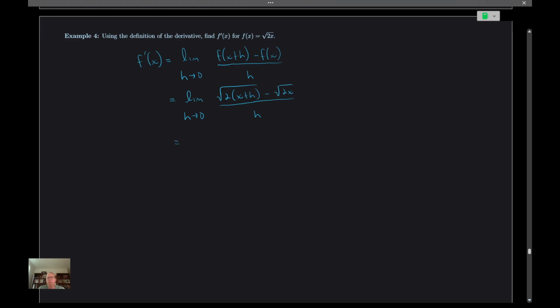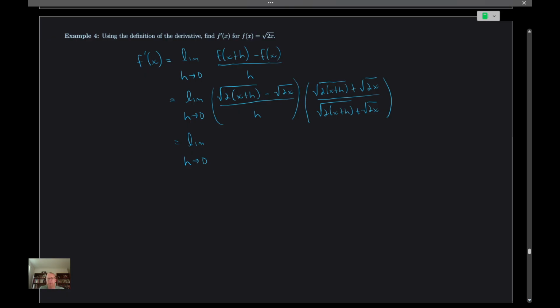So one thing that when you have radicals and you're taking limits, usually a good idea to try is to multiply by the conjugate, so square root of 2 times x plus h plus square root of 2x on the top and bottom. So you have the limit as h approaches 0. Now FOIL out the top.